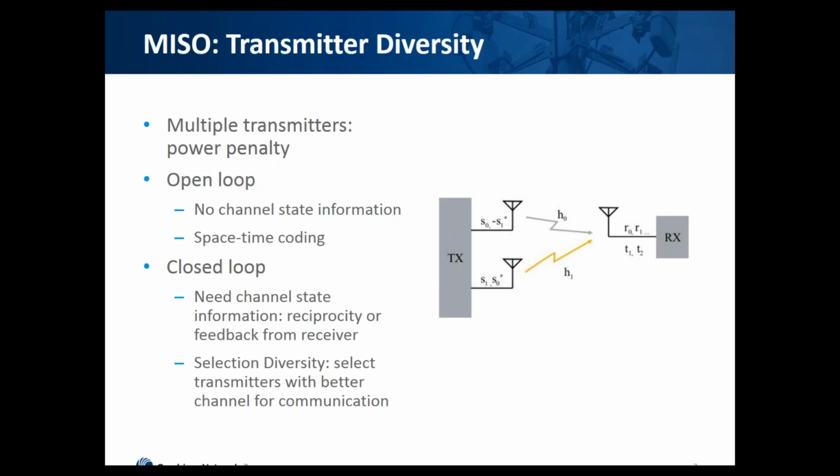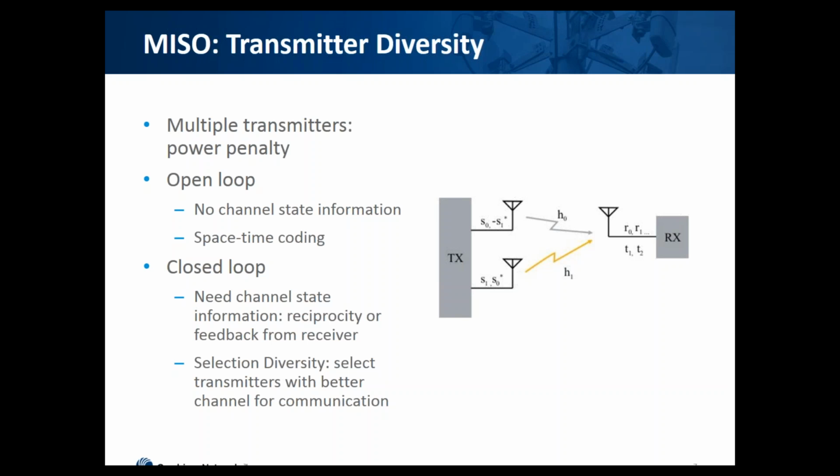If the transmitter knows the characteristics of the propagation channel, we talk about closed loop systems. In this case, the transmitter can make better choices because it knows what is going to happen through the channel. Which one is better? Well, of course, the closed loop will give you a better performance, but it is more complex because you need to close the loop, meaning receive information on the channel.